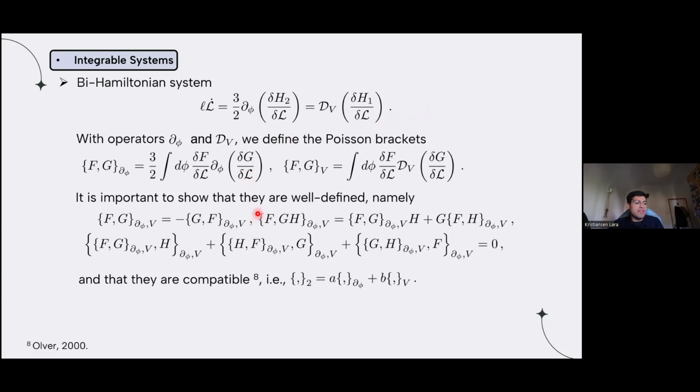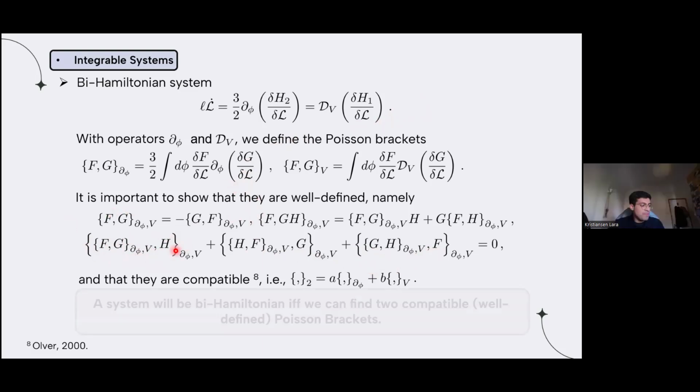And that's a very non-trivial task because you must demonstrate that the Jacobi identity is fulfilled, and it's very hard to prove it for a different differential operator that you find. So that's the answer that I can give you. I hope it solves your question. Yeah, thank you.